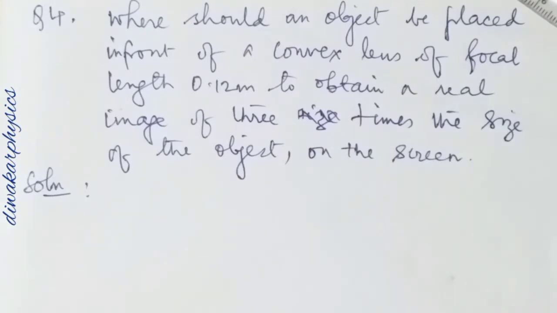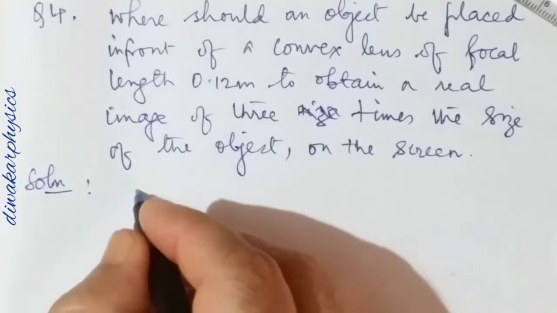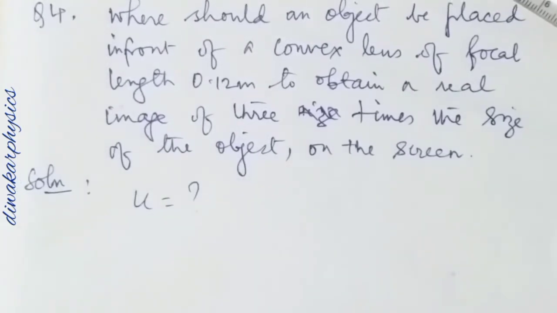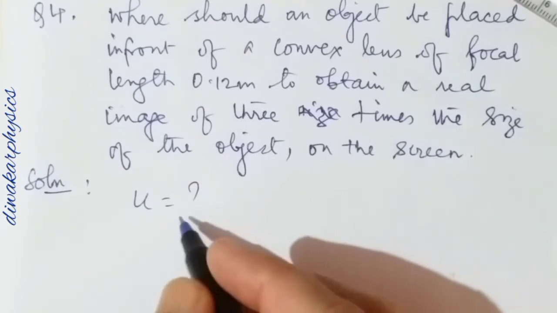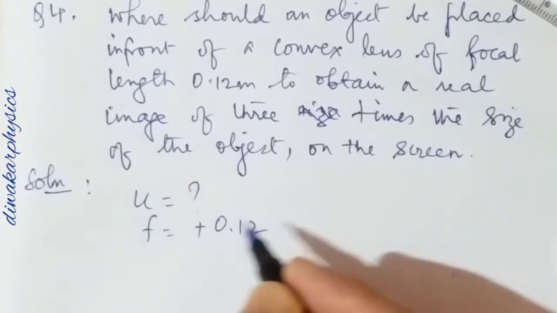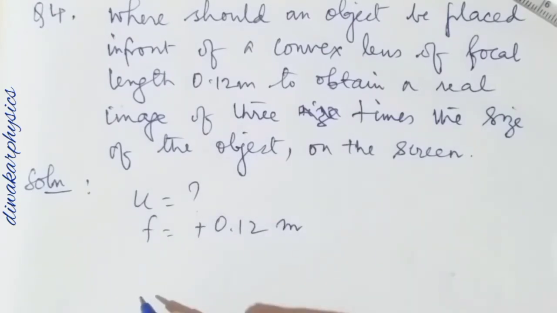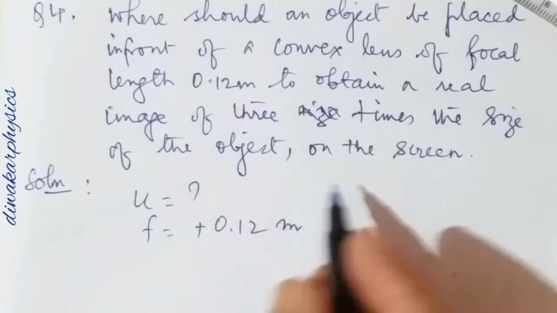Okay, so this is a real image, we understand. Where should an object be placed? So you have to find u. Focal length is given, 0.12, so this is plus for a convex lens. 3 times the size of the object.